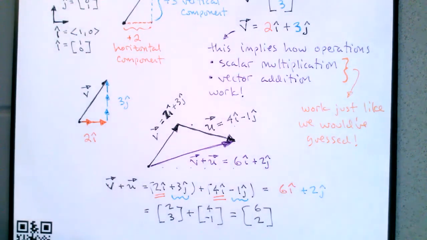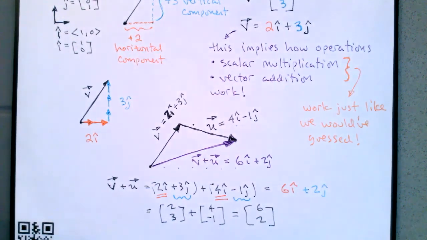They work just like we would have guessed. You add the corresponding components. If I ask you to add a couple of vectors with no other context, this is just what you would have guessed first.